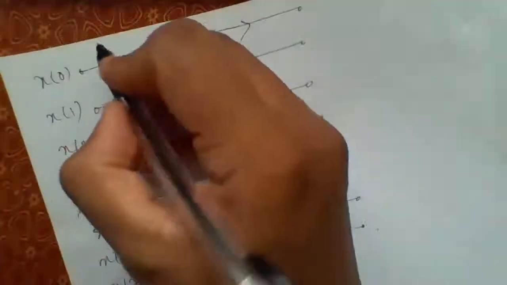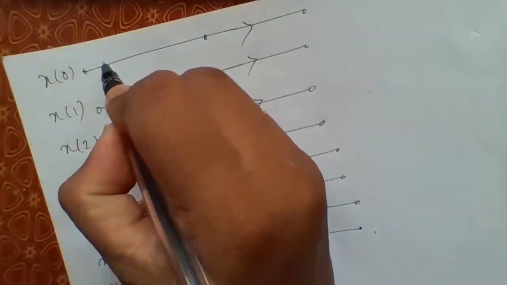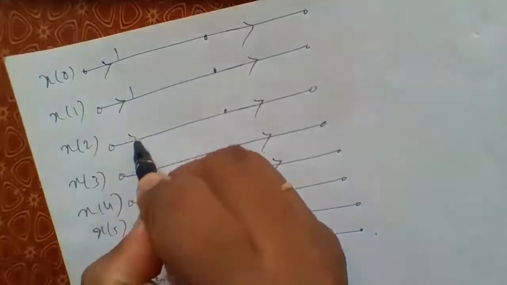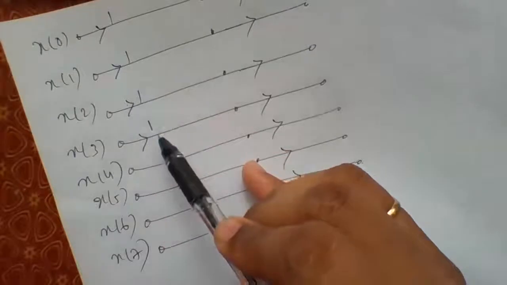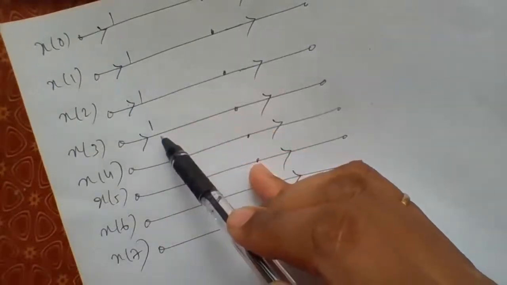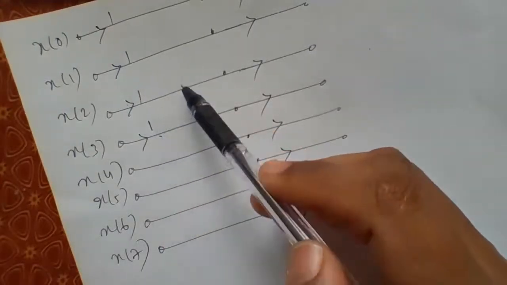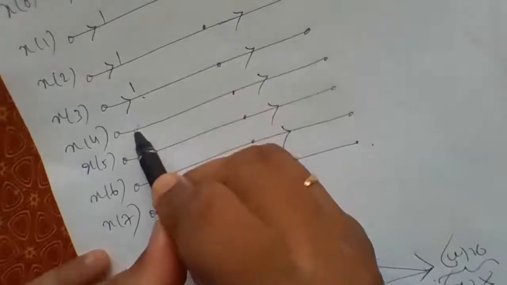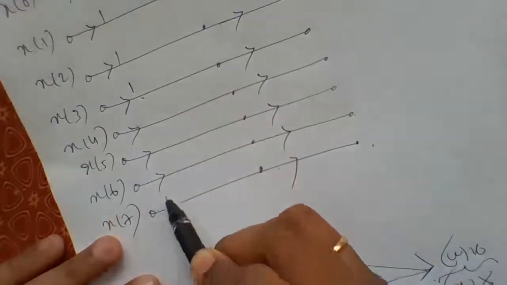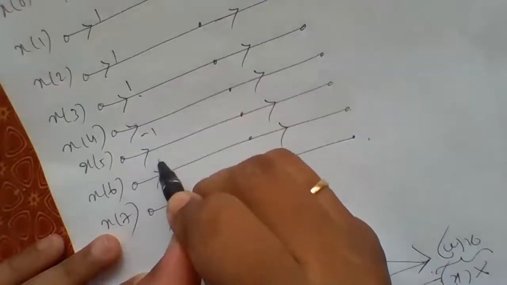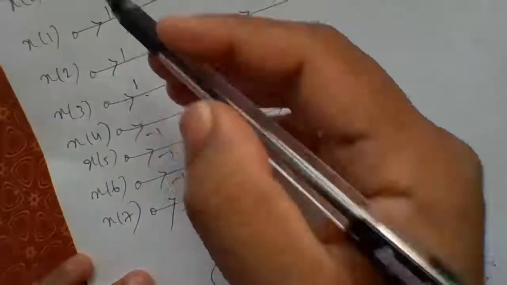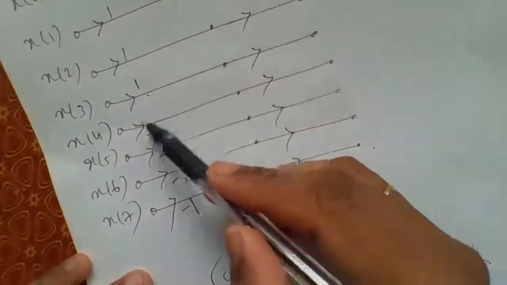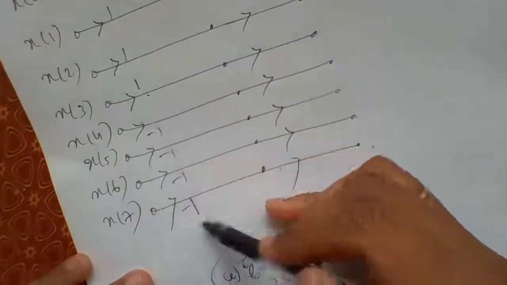Now as we are getting the first 4 as additions, the branches are marked with plus 1 because it is a plus b. The remaining four are subtractions, so we have -1, -1, -1, -1. So 4 plus 1s, 4 minus 1s. These are the minus b part.